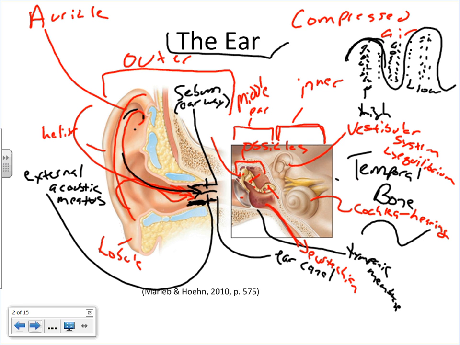I'm not going to talk much about the vestibular system in this video, but essentially these semicircular canals are filled with fluid, and as we rotate our body and head, the fluid will shift in these canals, and that will either depolarize or hyperpolarize certain receptors. As we activate certain receptors based on what direction the fluid is shifting, the vestibular nerve will communicate with certain areas of the brain, and the brain is aware of our body position.